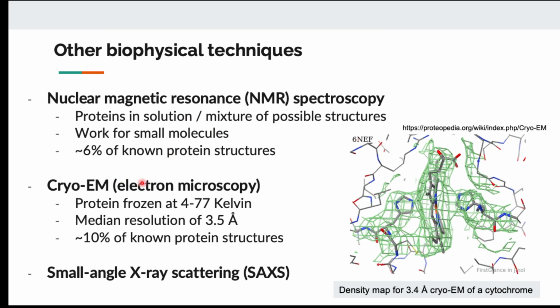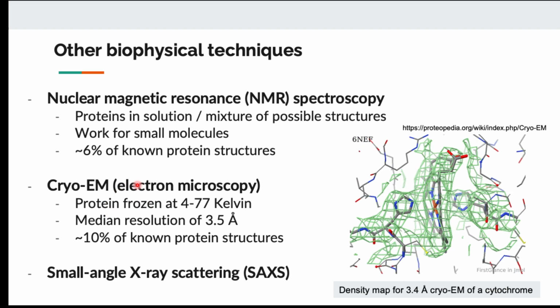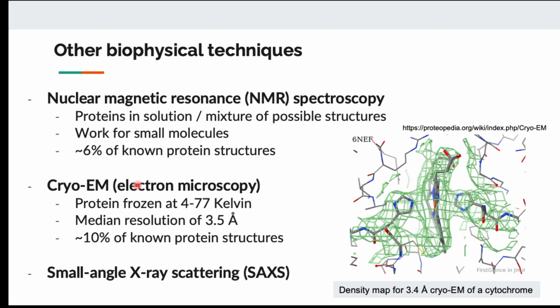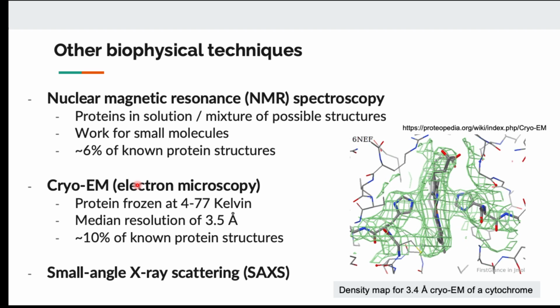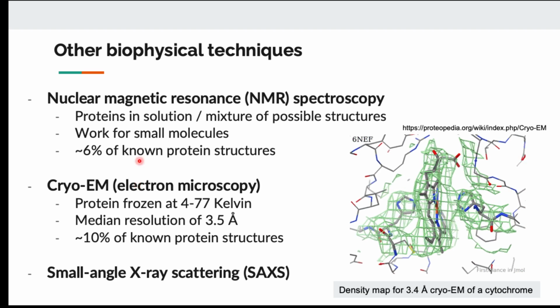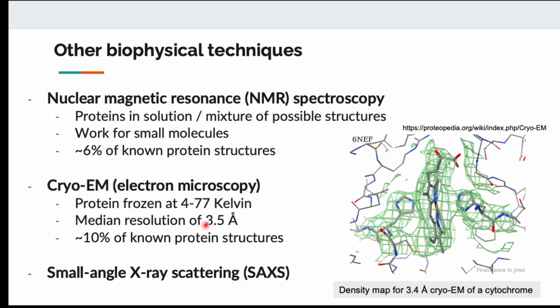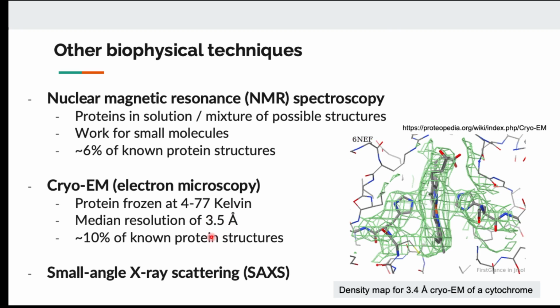Okay. And the other technique that's becoming more and more popular is cryo-electron microscopy. Basically, you freeze the protein or the RNA and then you measure its structure. The downside of these two techniques is that the accuracy is less than X-ray.